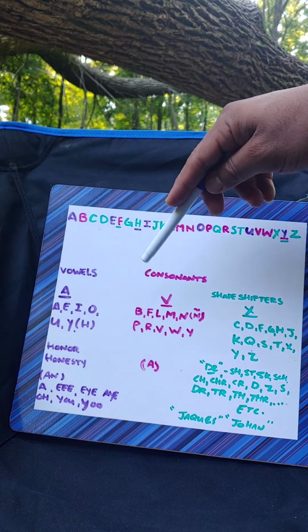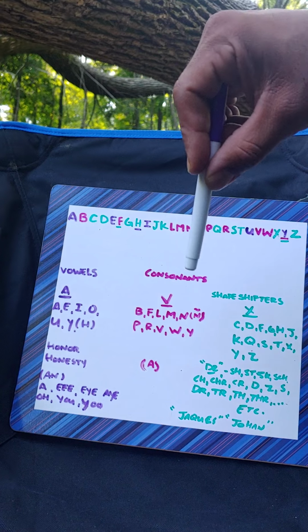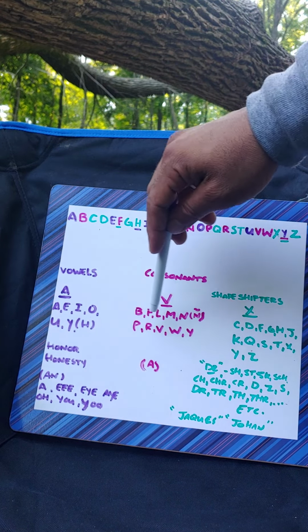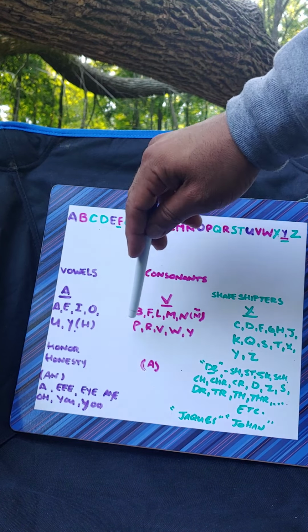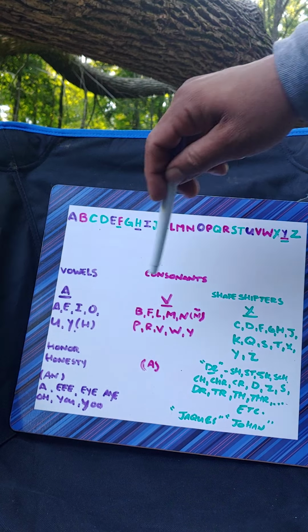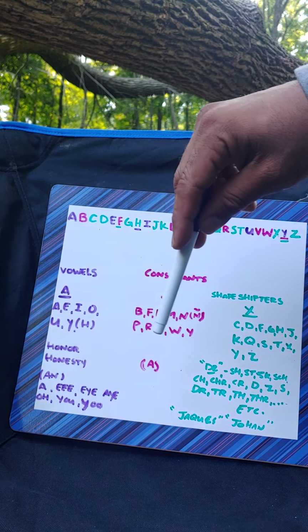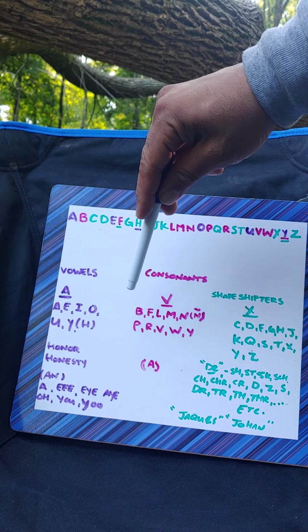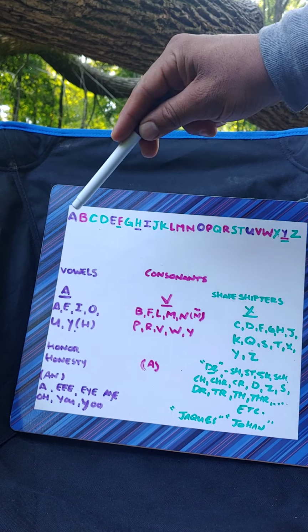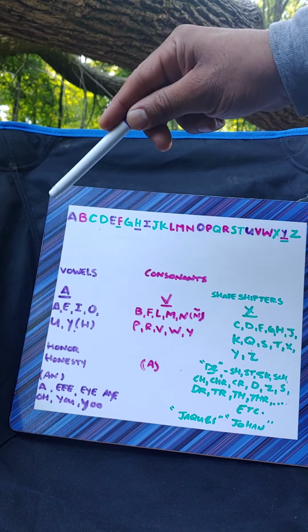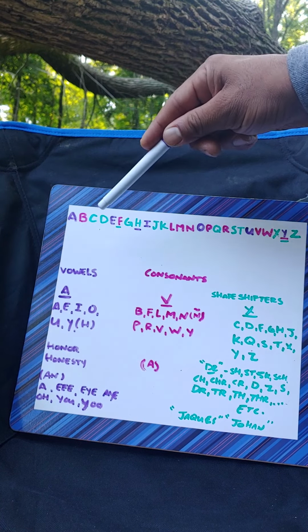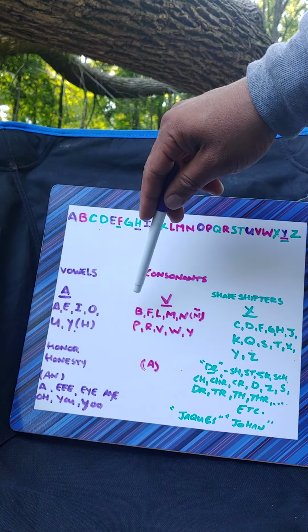Now, as far as consonants, I chose V to head this because many of these letters once upon a time made the same sound as V. In the Spanish language, B and V are interchangeable, where words like veinte, we say veinte, but it's really veinte. We say viejo, but it's viejo. All right.